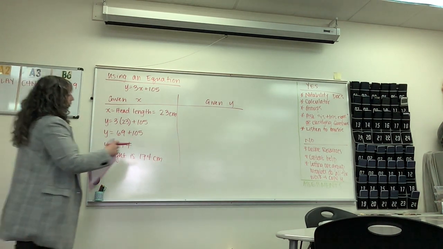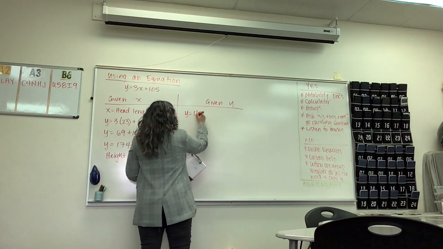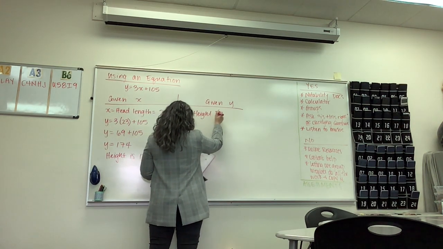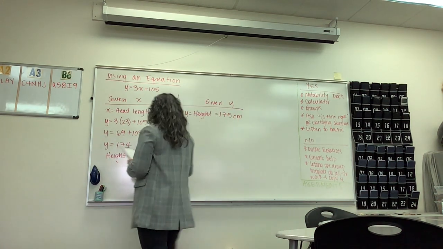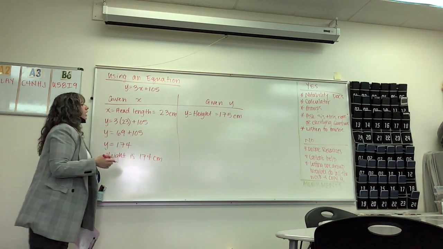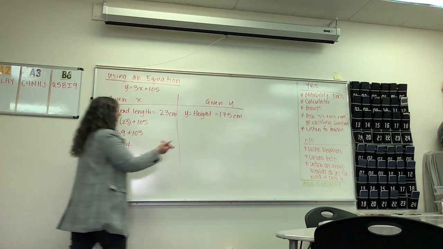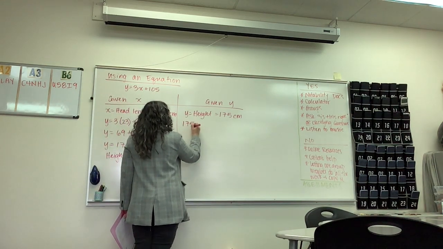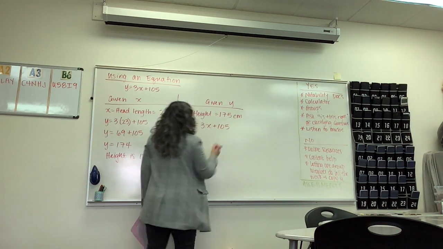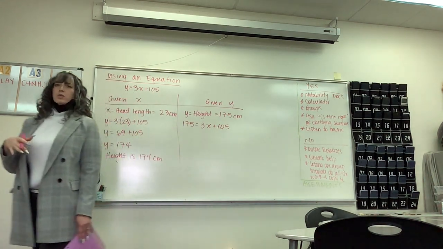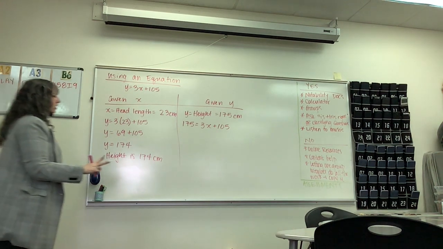Now let's say that I've been given y. Let's say they gave me a height of 175 centimeters. Instead of plugging in for x, I'm going to plug in for y. So 175 equals 3x plus 105. Now I have to use my rules of solving. I am trying to move everything away from that x. It's a two-step equation.